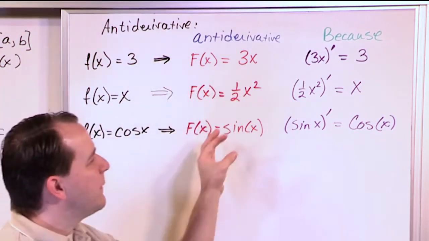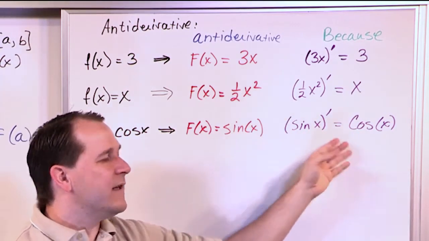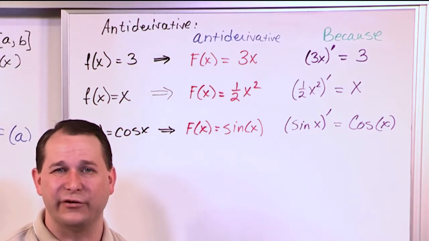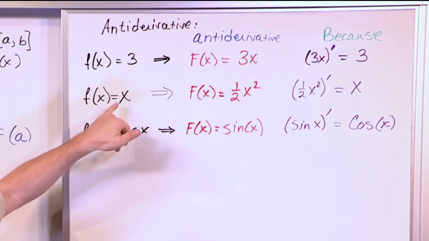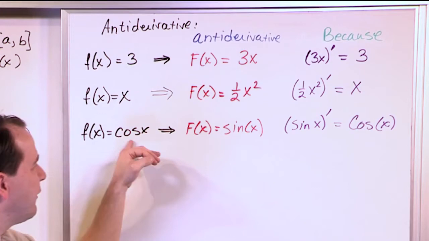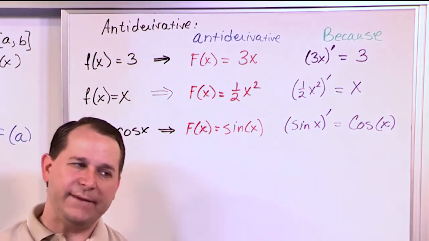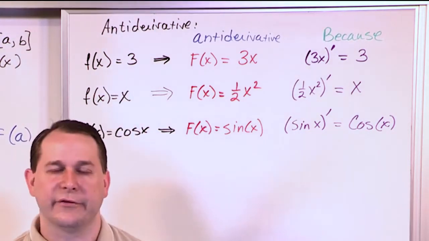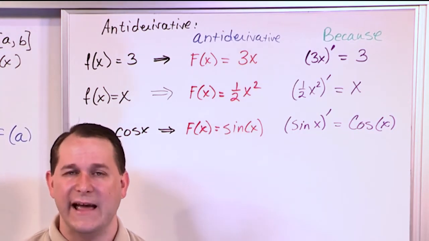Now, these are examples that I've specifically chosen because they're so easy for you to check. You can kind of do them in your head. Even though it's very difficult at first when you learn integration to do this kind of thing quickly on paper, I think if you stared at this long enough, you would figure out that that was the function that would work, because these are simple. But if I give you a complicated function, you know, x squared plus 3x over sine of x or something like that, it's going to be difficult for you to figure out what the antiderivative is ahead of time.